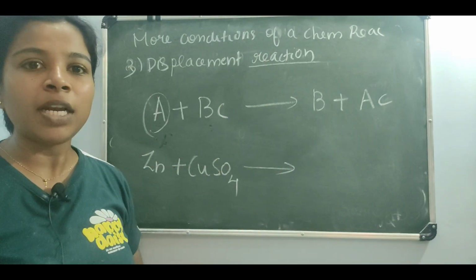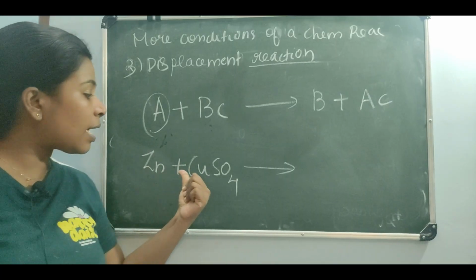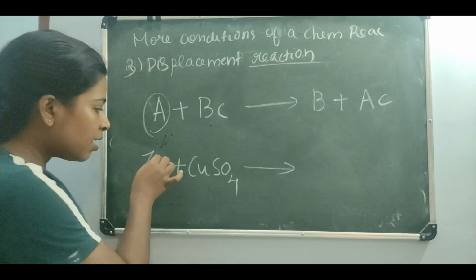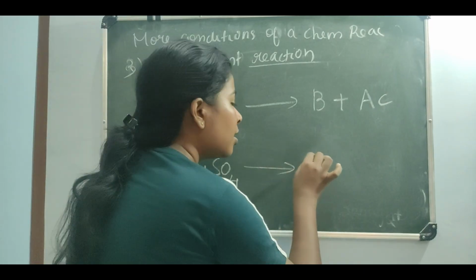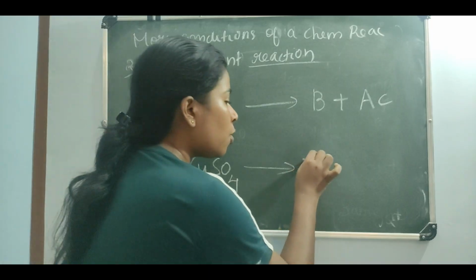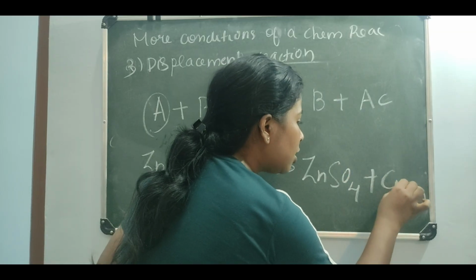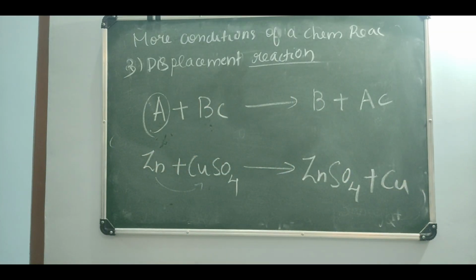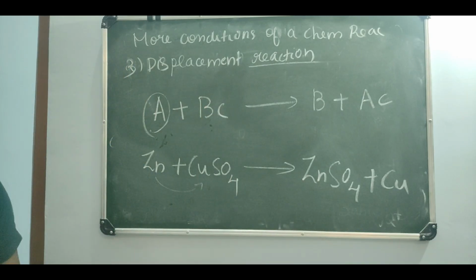So, from that table, you will know that zinc is more reactive than copper. So, when zinc is combining with copper sulfate, what happens? Zinc will displace copper and what will be formed? Zinc will be coming in the place of copper. So, zinc sulfate and copper will be formed. Okay, this is the example for displacement reaction.